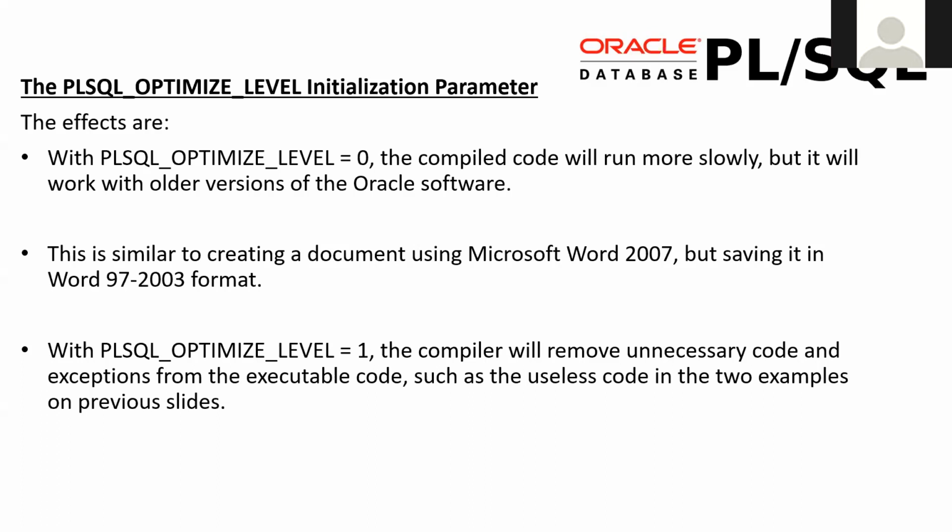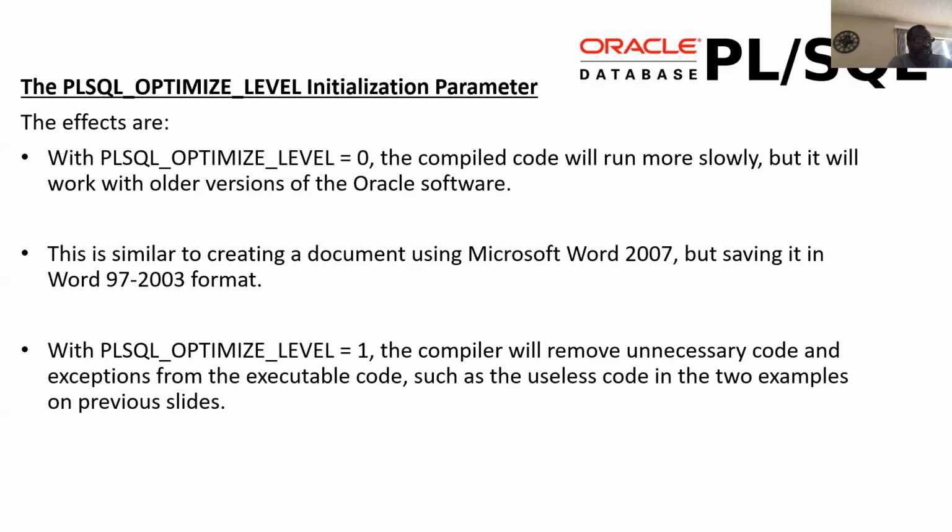Let's say I create something and I set the optimized level to 1, 2, or 3 or whatever. Is Oracle going to give an error message saying, I'm sorry, your version is too old, so I'm going to switch you down to 0? No, it won't. It will not automatically switch you down.